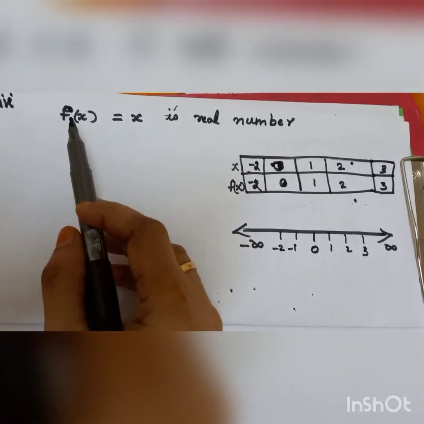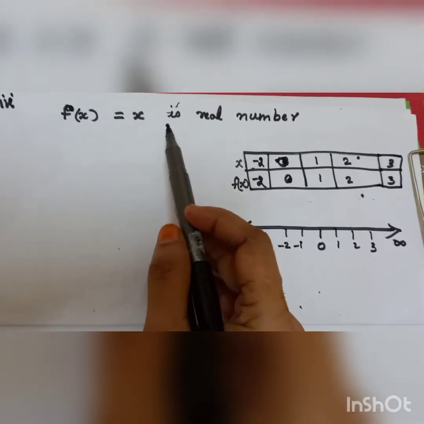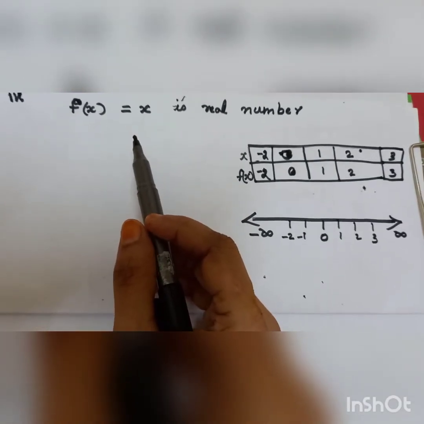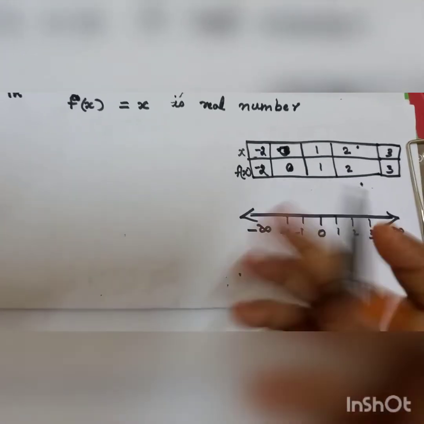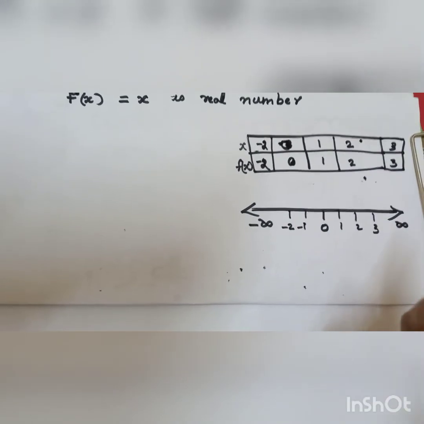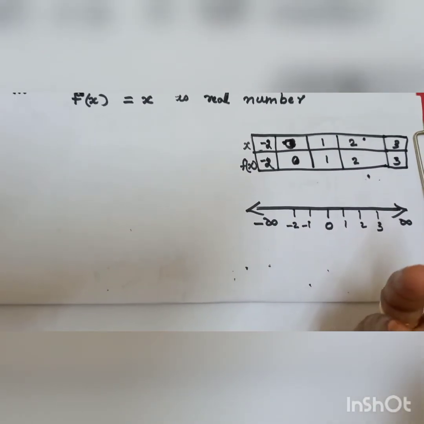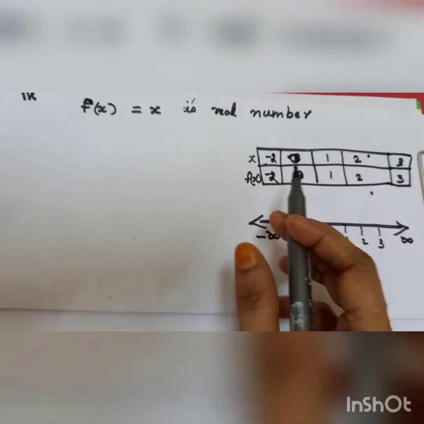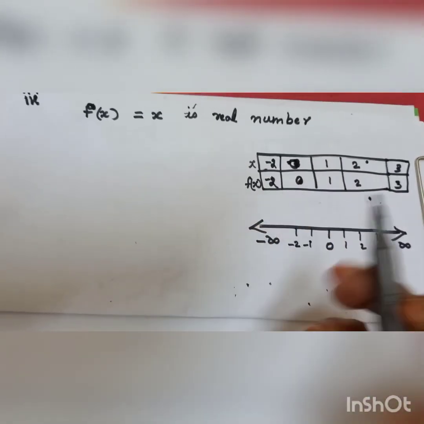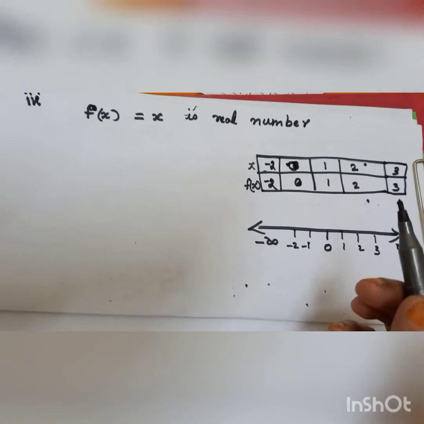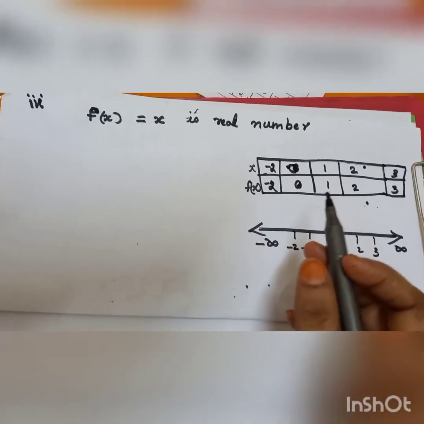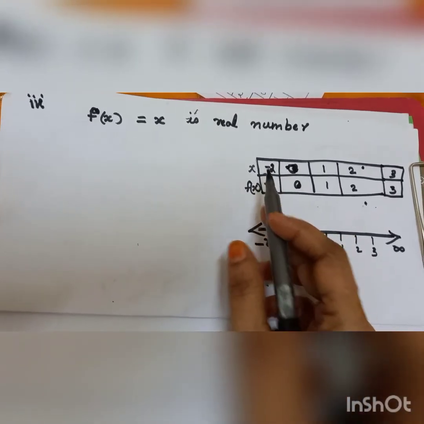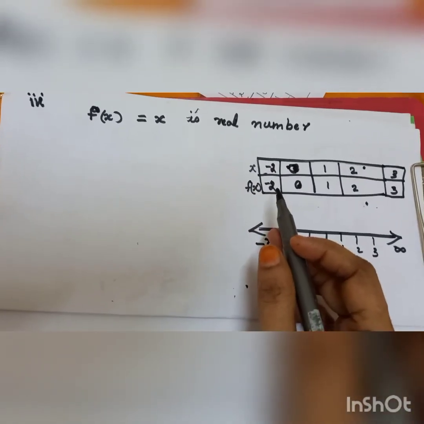Third bit, f of x is equal to x, x is a real number. So x can take any values. The definition of real number is a combination of rational numbers and irrational numbers. So x can take any values, minus values, 0, anything. Whatever values we give x, we get the same for f of x.